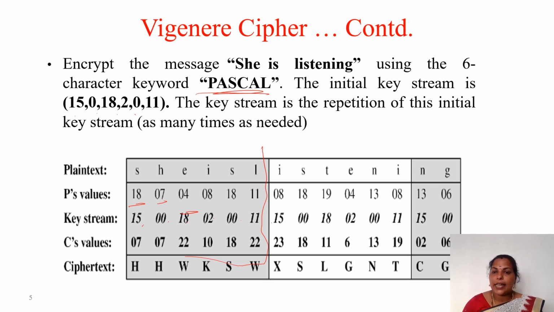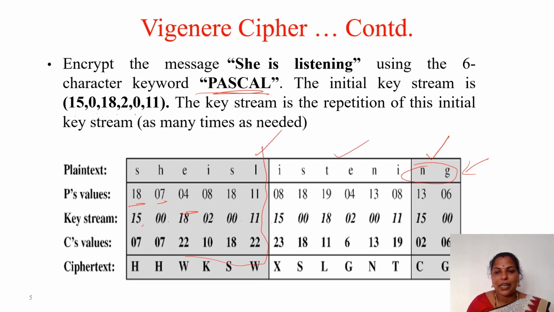And here one thing you have to notice: "she is listening" gives two full blocks, and the third block has only two alphabets, but the keyword has 6 alphabets. Here we are not doing any filling. Simply for whatever characters are left, we write from the beginning of the key, that's it, only 15 and 0.